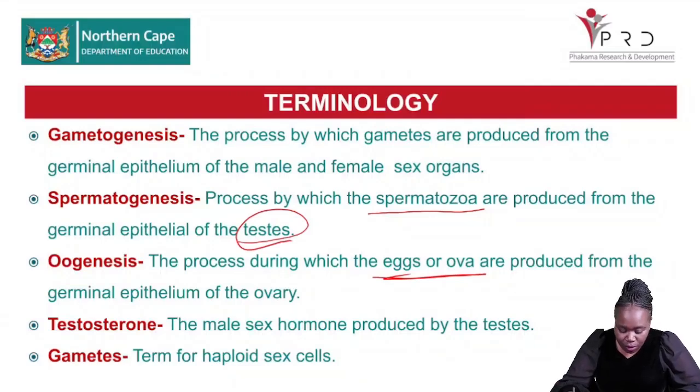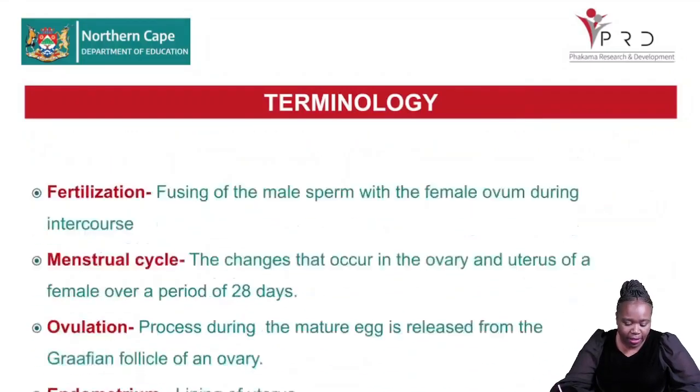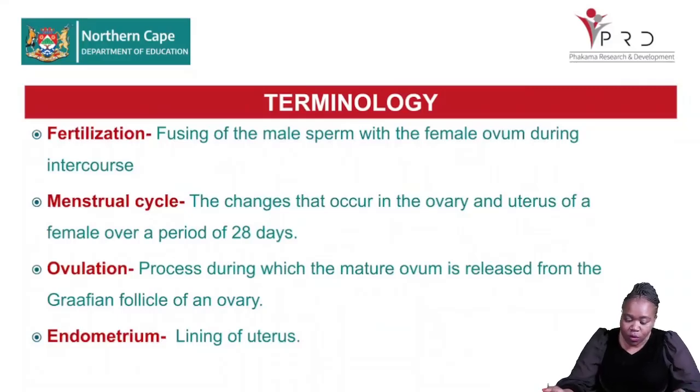Next, we have testosterone, which is the male sex hormone produced by the testes. Gametes, that is the term for haploid sex cells. Fertilization, that is the fusing of the male sperm with the female ovum during intercourse. Menstrual cycle, that is the changes that occur in the ovary and the uterus of a female over a period of 28 days.